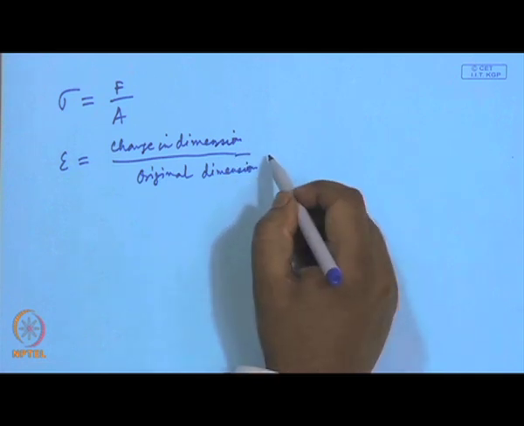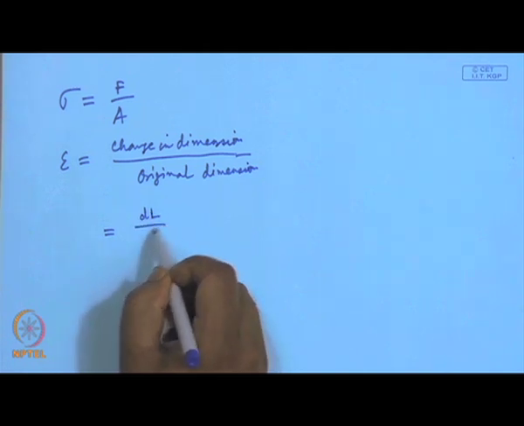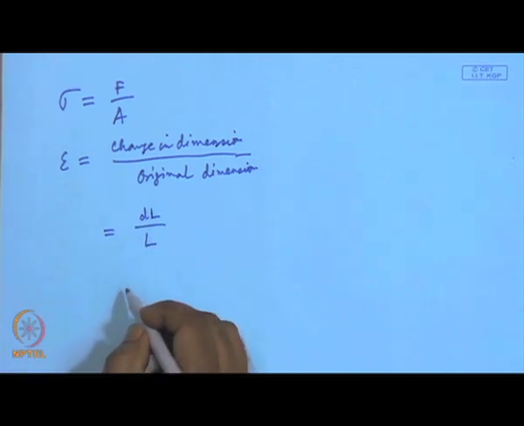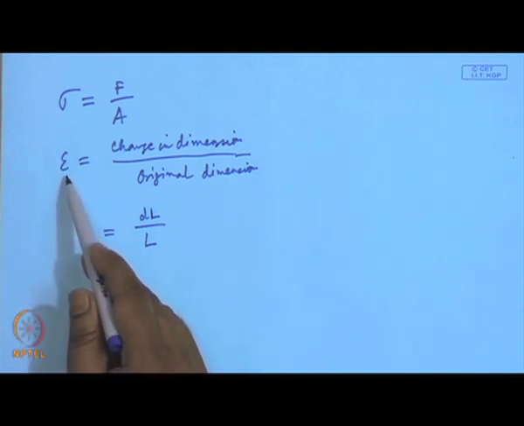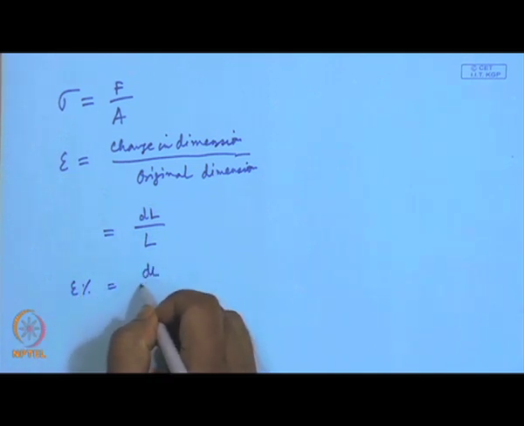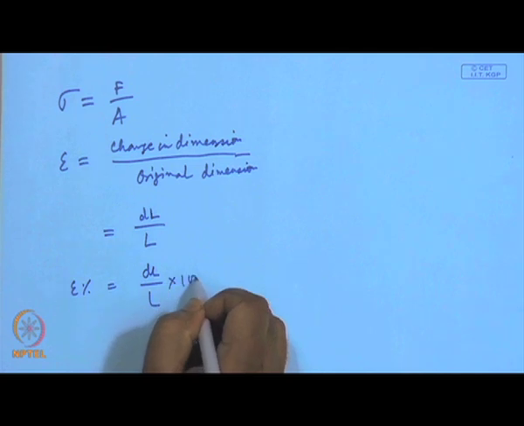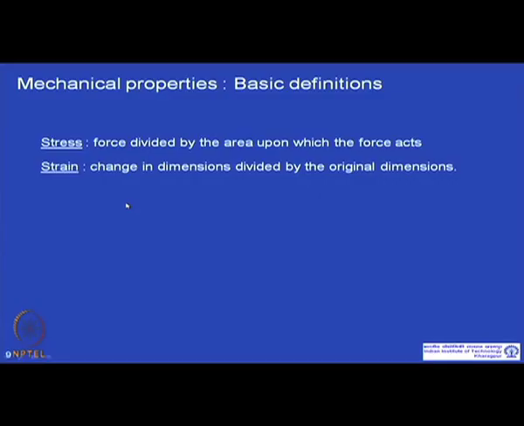So, if you talk about length, then it will be change in length by total length. Typically, we express strain in terms of percentage. So, strain percentage is given by dL by L into 100. So, that is the strain percentage. We will be using stress and strain very frequently in the coming discussion.